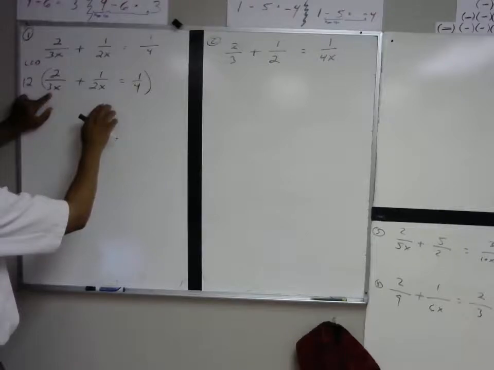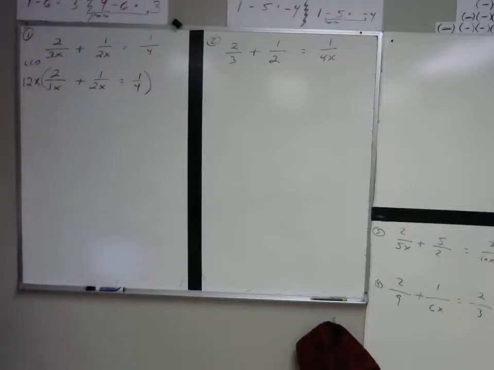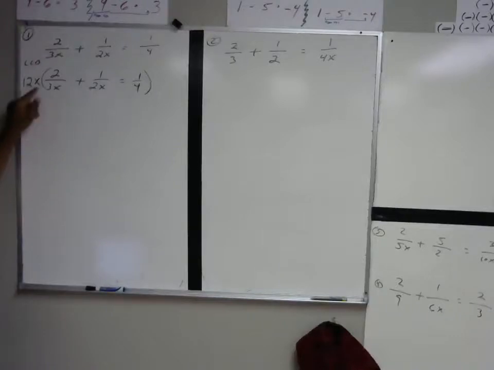The highest power of x here is a first power x, so that's also part of the LCD. So first you look at your numbers and find the least common multiple in each of the times tables, and then we find the highest power of x, and that creates our LCD.